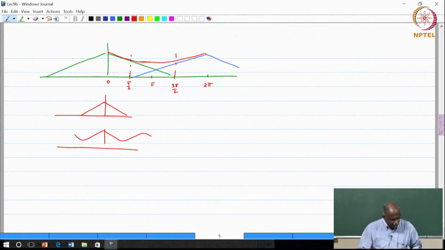Now, what exactly happened? This is the region where aliasing is occurring, and the portion of the spectrum where there is overlap is a place where, because of the aliasing, we may not be able to recover the original signal.